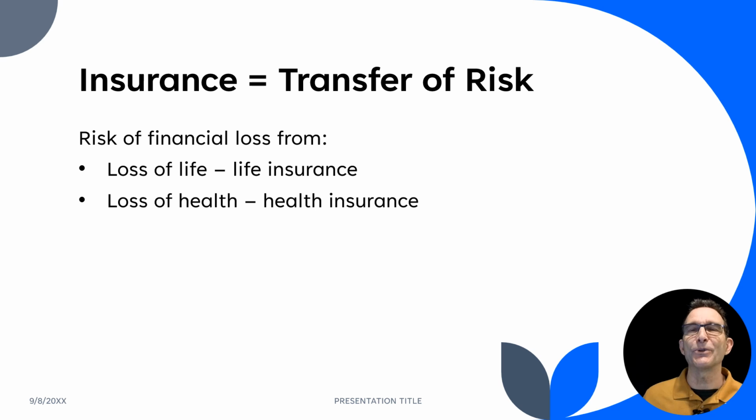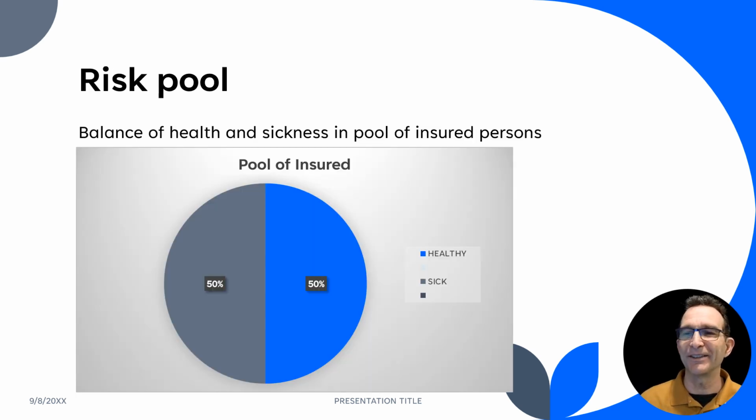For that risk, we get life insurance. For loss of health, we get health insurance. So life insurance is the transfer of the financial risk that occurs as the result of a death, and health insurance is transferring the financial risk that occurs when we become sick. Those are important concepts to base what we're going to talk about in adverse selection on.